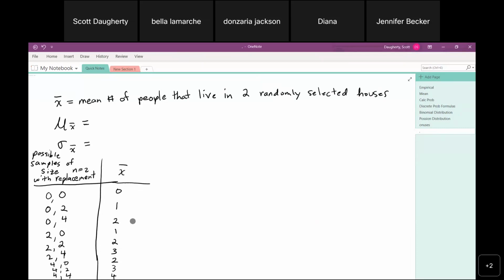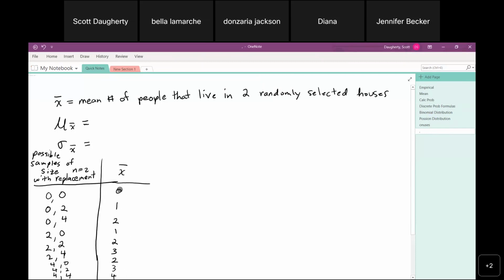But what we do demand of an estimator in order to call it a good estimator is that on average, it's targeting the correct answer. So the correct answer here is 2. Let's see what happens on average, because these are the 9 possible sample means that you could get and use to estimate the population mean.